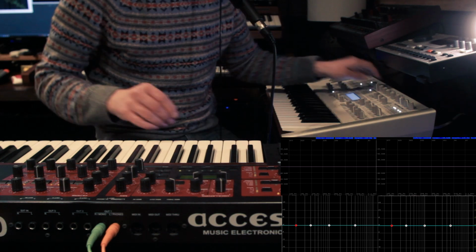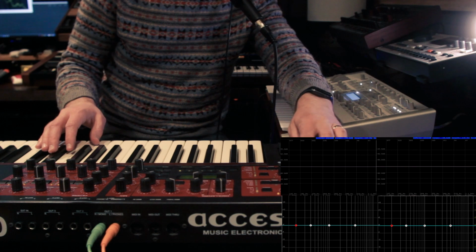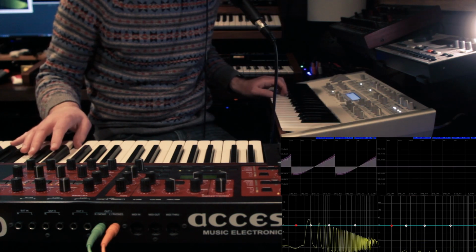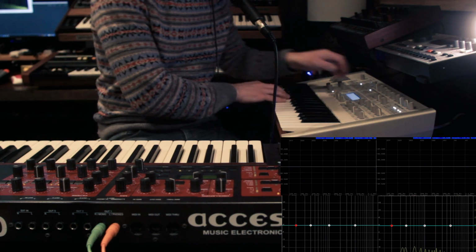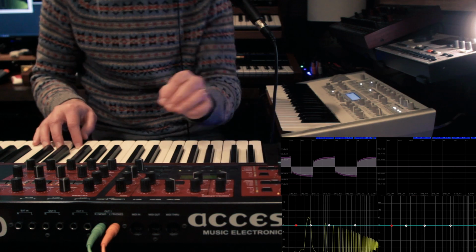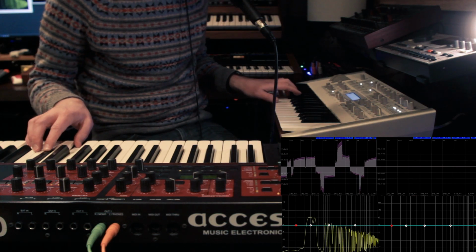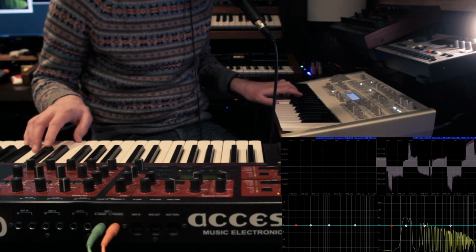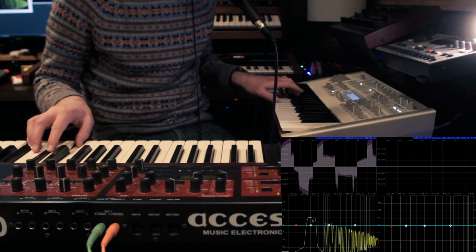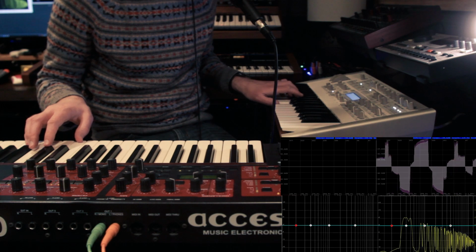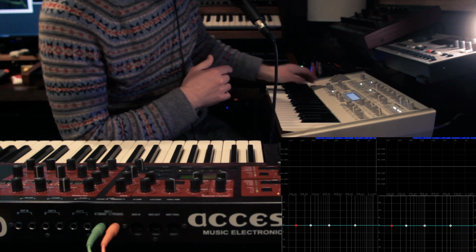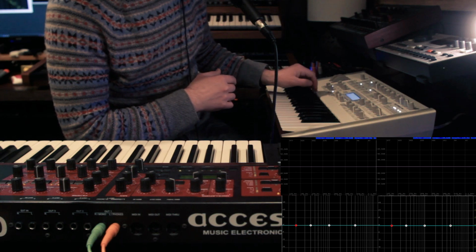Now let's put it to the pulse wave. Oops, sorry. One thing I should mention is that both of them have what's called the analog boost.